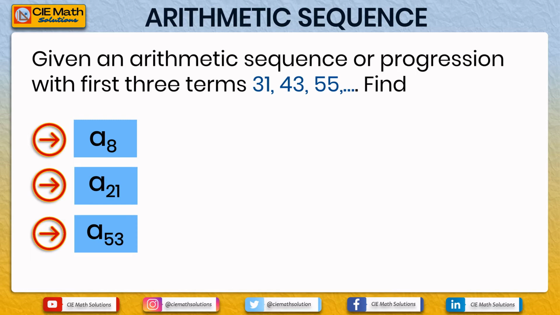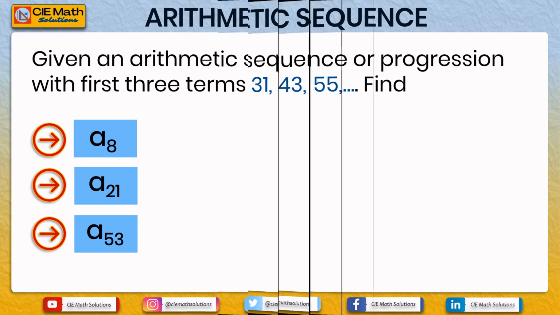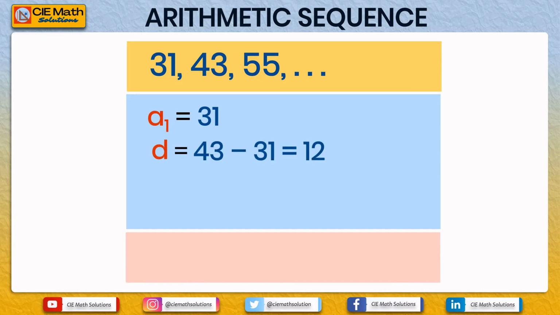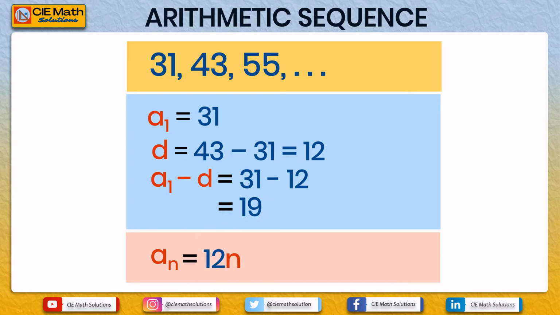To answer these items, we need to find first the general rule for the given sequence or progression. We have A1 equals 31, D equals 43 minus 31, that is equal to 12. A1 minus D is 31 minus 12, which is equal to 19. Therefore, an is equal to 12n plus 19.